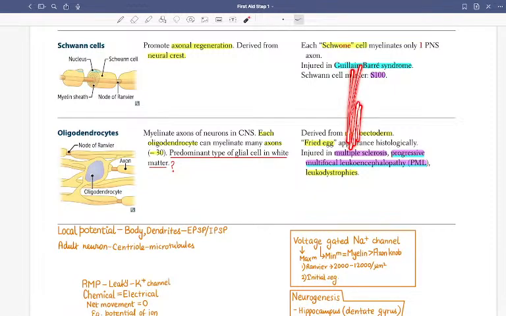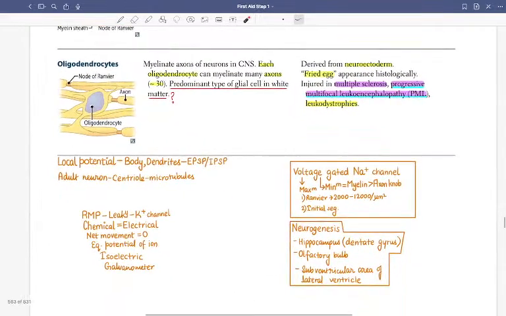MS is oligodendrocyte, and Guillain-Barré is Schwann cell. Oligodendrocyte is going to be MS, or progressive leukoencephalopathy and leukodystrophies. This is a point of contention, and it will help you with the pathology later on.